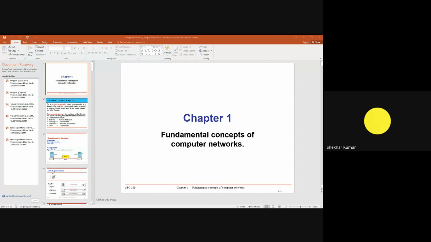So nowadays, this computer network is used everywhere, at your homes, schools, colleges, railway stations, your office, in your business. Everywhere you use computer network. In daily life, you use computer network for sending emails.